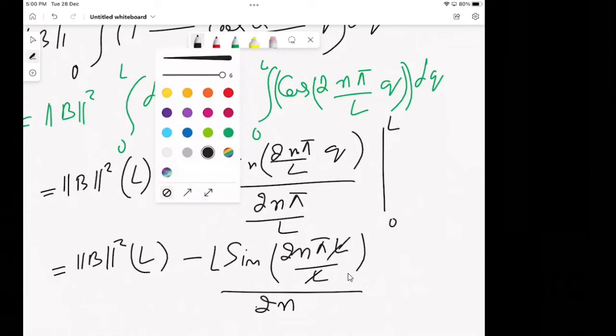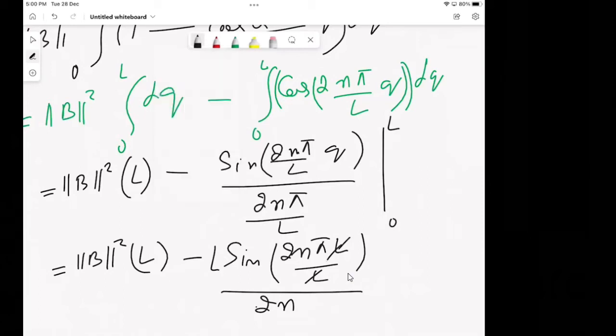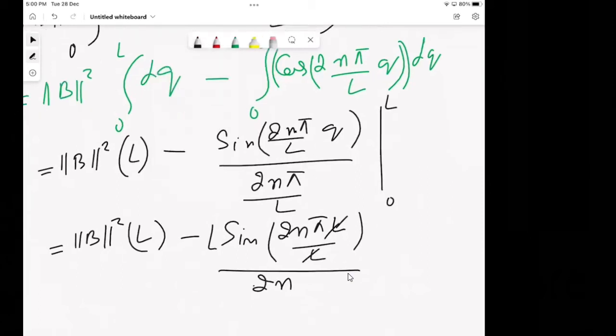This L is cancelled out with the L. Have you got it?